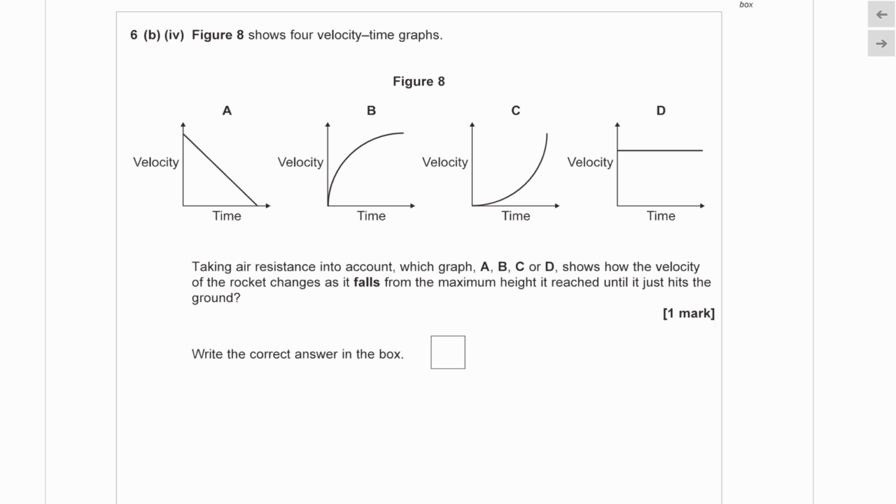Okay, and when the acceleration equals 0, you will have a flat line. Now what we've said there means that acceleration cannot give you a straight line, because constant velocity means there's no acceleration. There is acceleration, and so I'm going to discount A and D straight away because they are not curves. Now, from what we said, the velocity is going to increase.